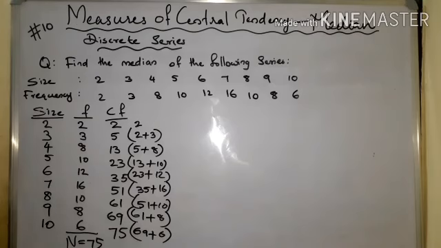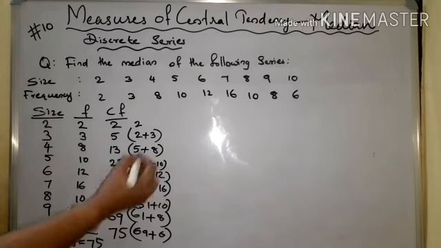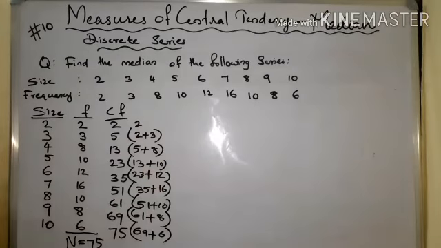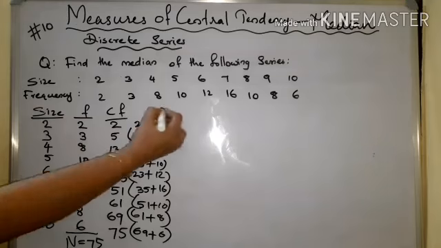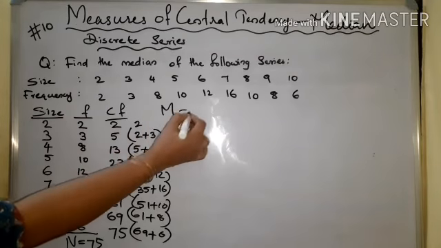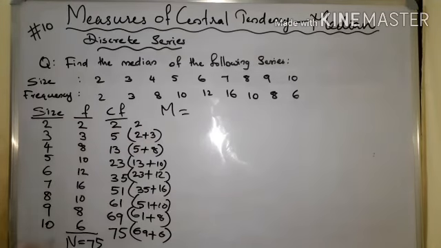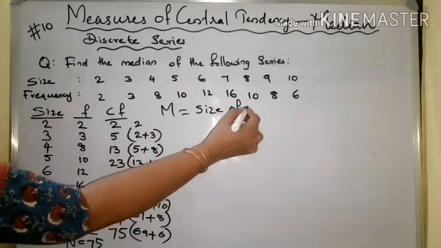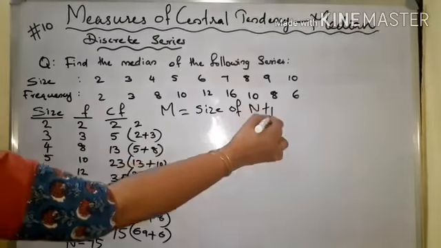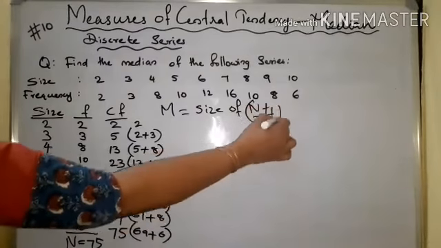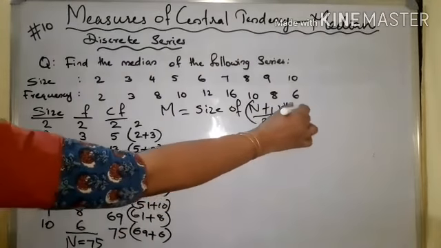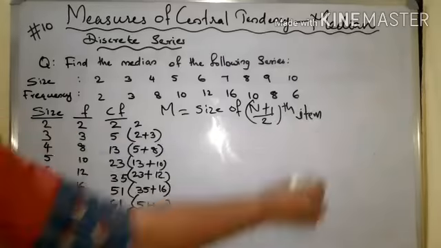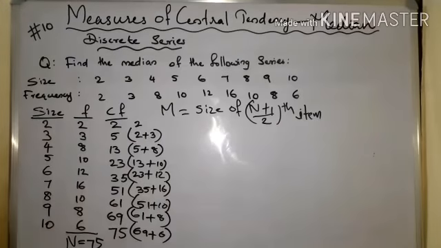Then how can we find out the median? The equation: median is equal to size of (n plus 1) by 2 the item.